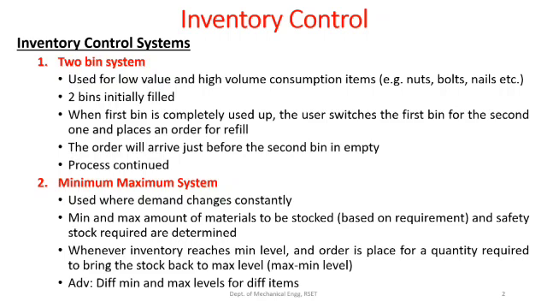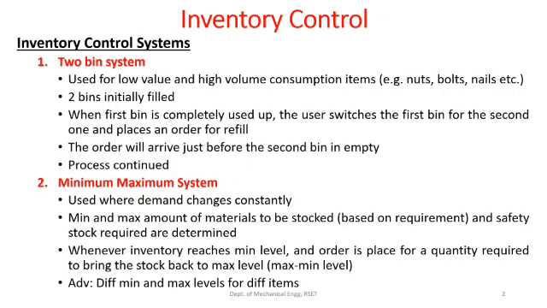So here you have items which are stored in 2 separate bins. Initially both of these bins are filled. Out of these 2 bins, one is taken up by the user and it is completely used up. That means all the items in that particular bin are used up, and once it's used up, the user switches that first bin for the second one and places an order to refill the empty first bin.